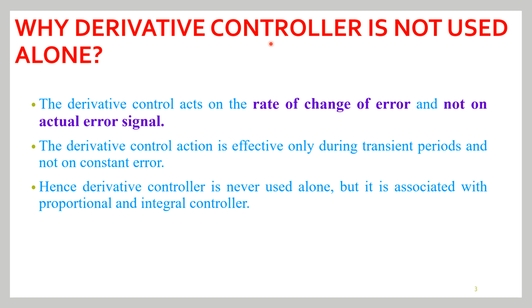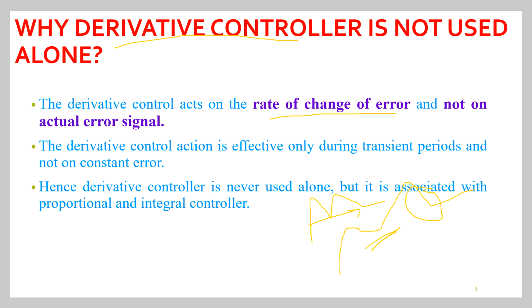But the derivative controller will not be used in isolation. It will always be used in combination with the proportional and integral controllers. What may be the reason? We can understand from the name itself that the derivative controller acts only on the rate of change of error. Whenever there is a change in error, during that portion only it will take action. Whether the error is constant or variable, it takes action only on the rate of change of error and not on constant error.